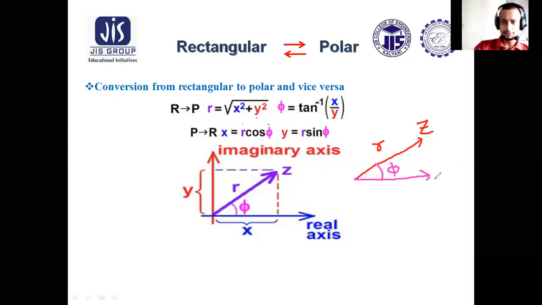So see, this pink color shows the horizontal component, which is X, and this is Y. Now the same parallel phasor can be drawn here, which is also Y. Now for this right-angled triangle, we can write X by R, that is base by hypotenuse, is cos phi.